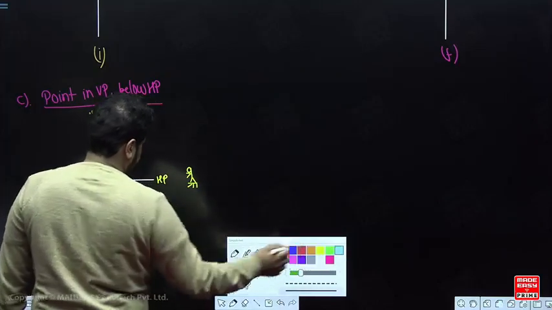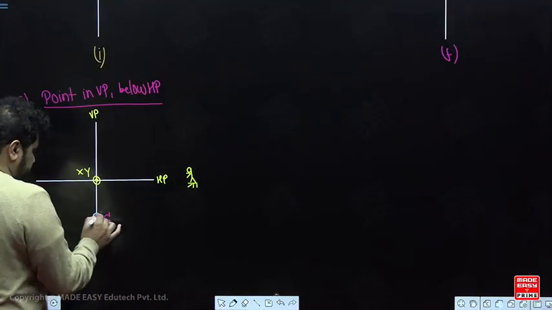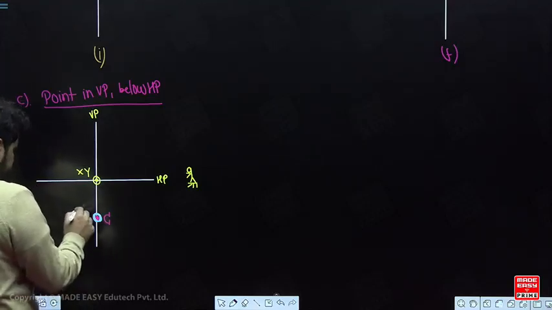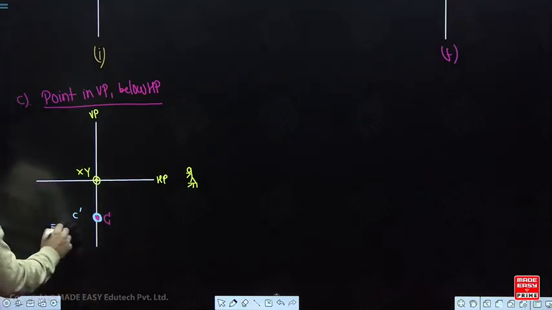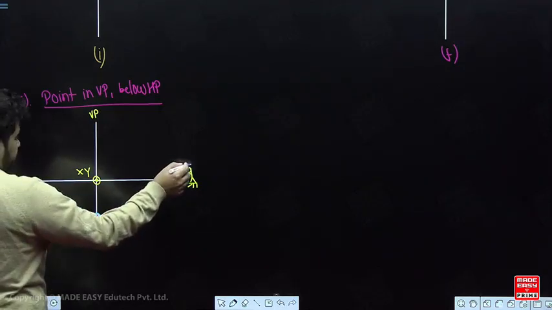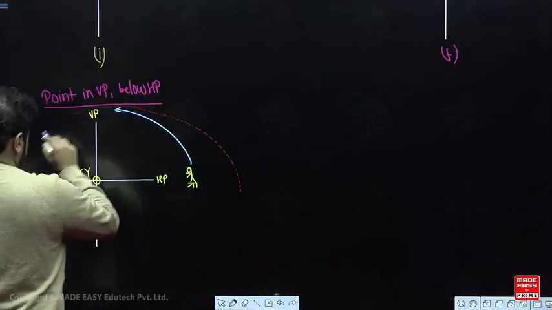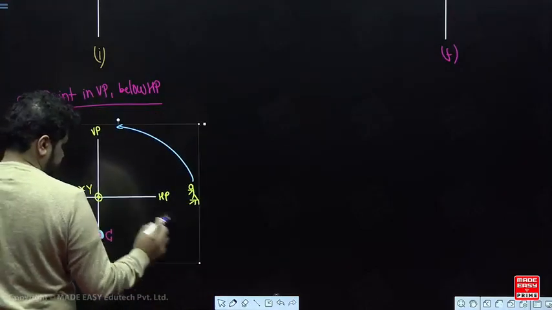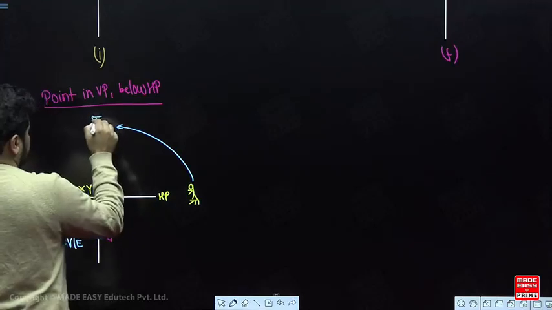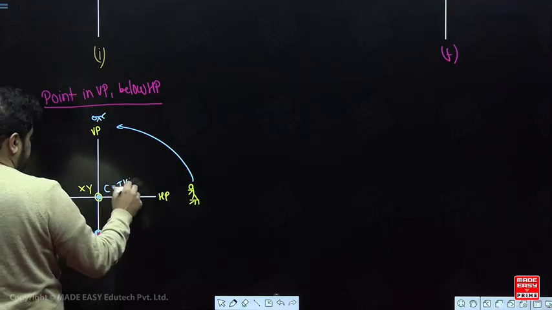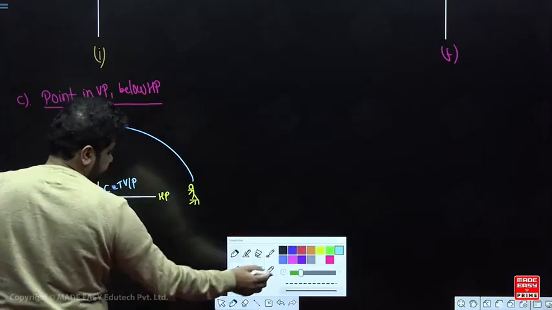Now where will be its front view? So front view will be exactly coinciding here, front view or elevation. And when this observer makes observation from the top, see, top view or plan.